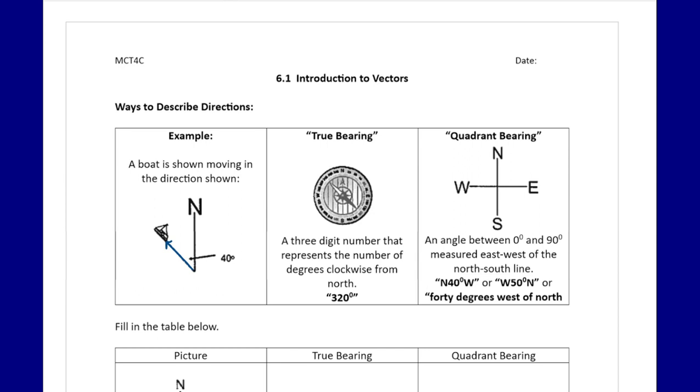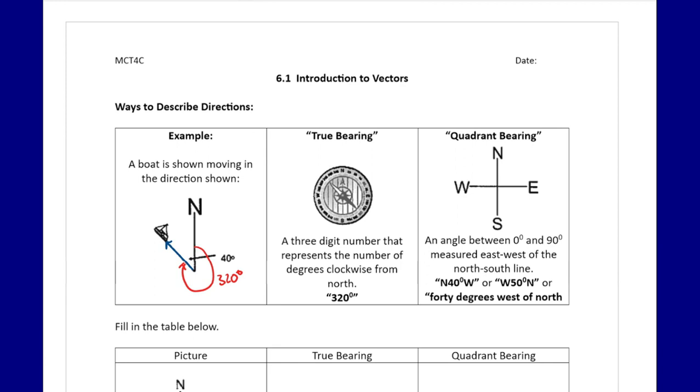Now, if we wanted to represent that in what we call true bearing, true bearing is basically a 3-digit number that represents the number of degrees clockwise from north. So in this example, it would be 320 degrees, because if we go clockwise from north, that's 320 degrees. So we'd be saying the true bearing is 320 degrees.